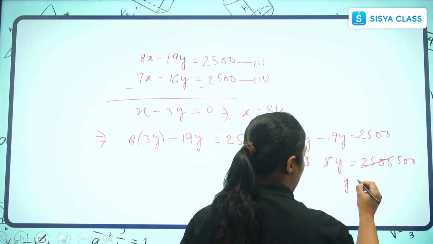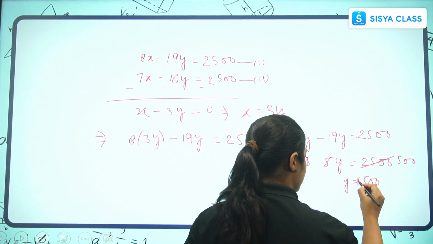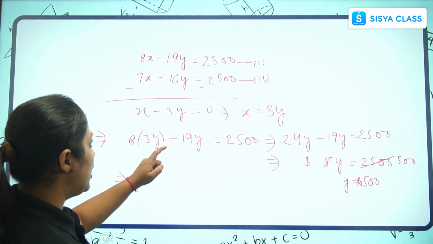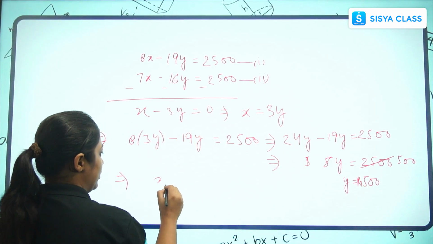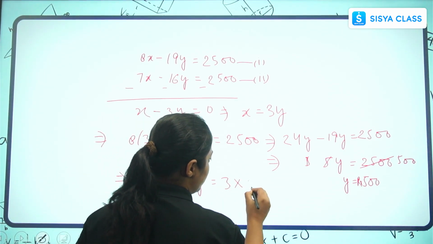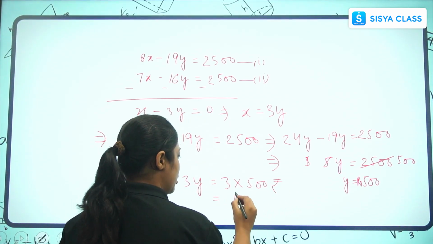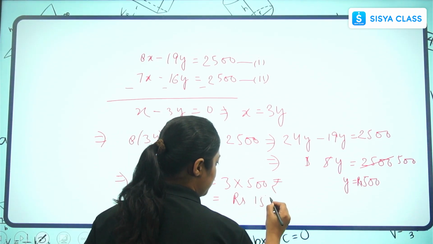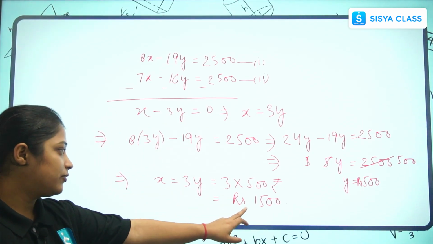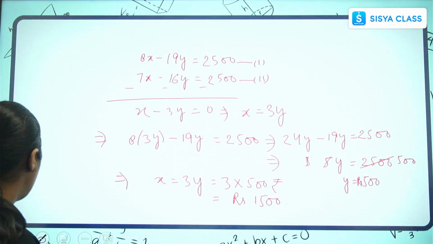So y we have 500 rupees. So what is the value of x? It is 3y, that is 3 into 500 rupees, so it will give you 1500 rupees. So the value of x is 1500 and the value of y is 500, right?